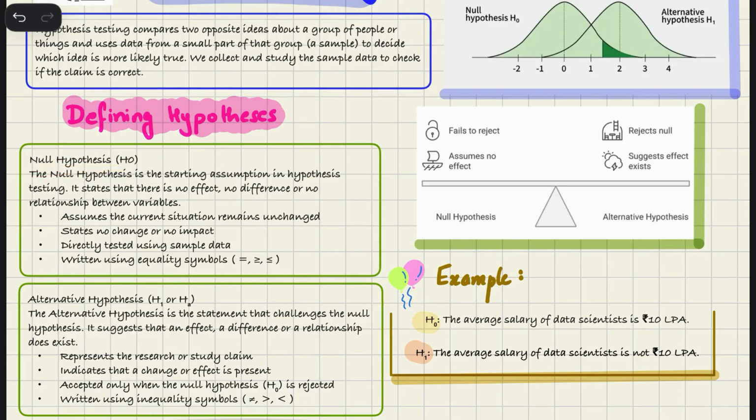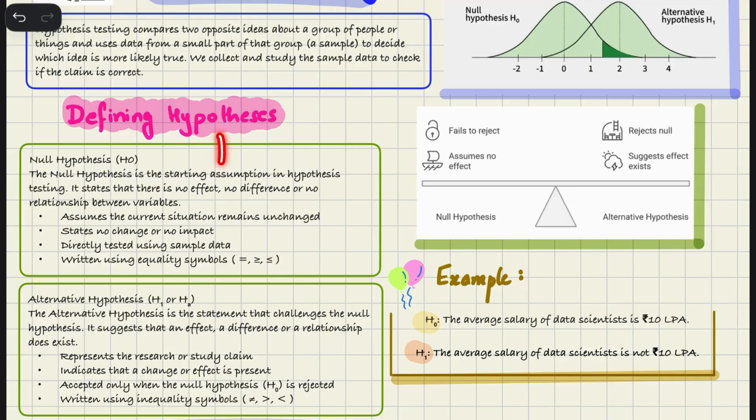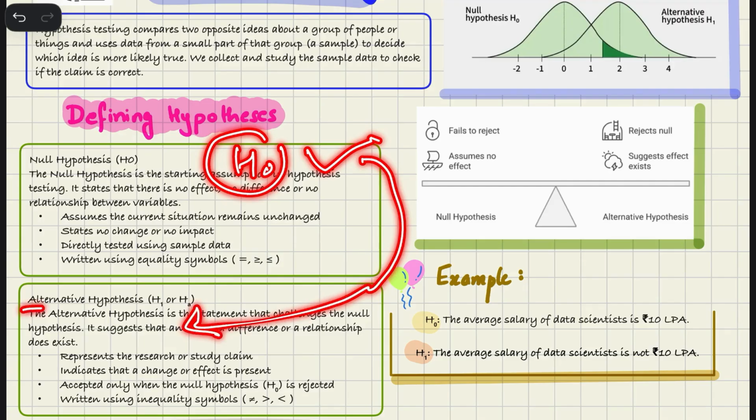It always claims that there is no effect, no difference, or no change. For example, if a company launches a new website design, the null hypothesis would state that the new design has the exact same conversion rate as the old design. We assume that H0, the null hypothesis, is true until the data proves otherwise.